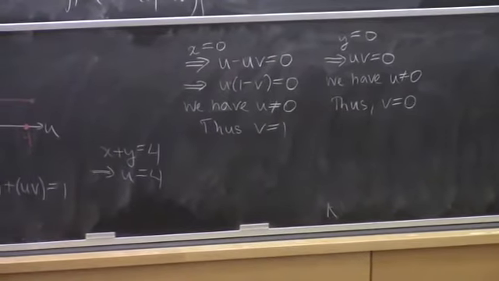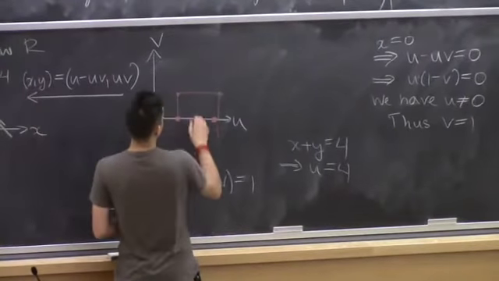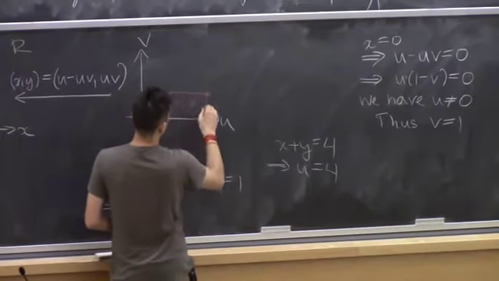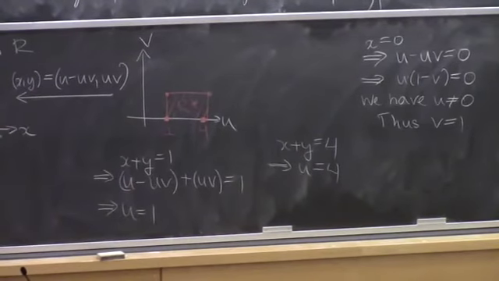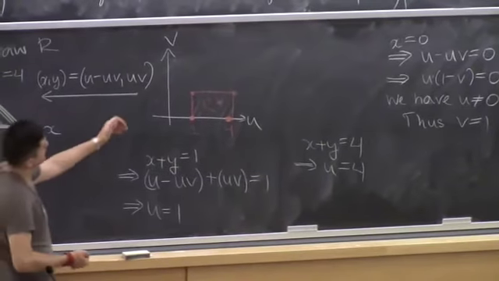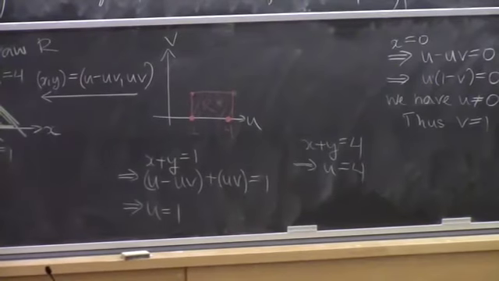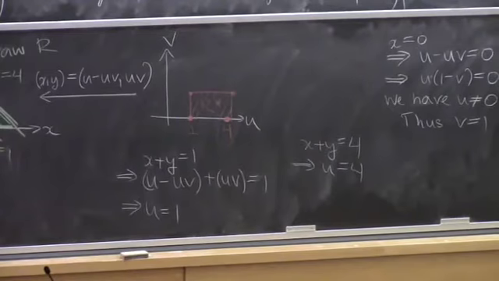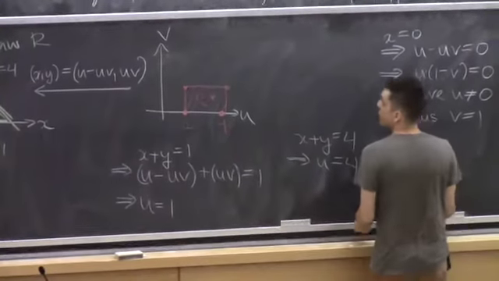Okay, so under this change of coordinates, our region R star is this guy here. Okay, so this kind of rectangle gets sent onto this shape here. Okay, so now we've set up our domain and our change of coordinates. Okay, so let's calculate the thing.